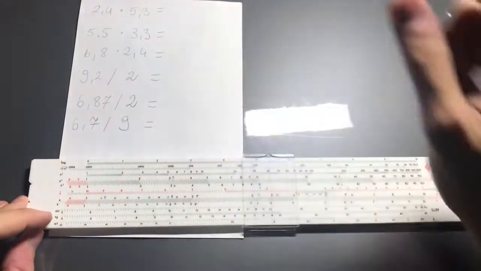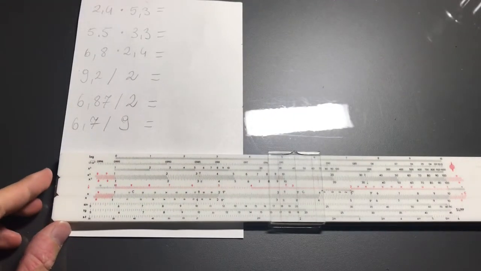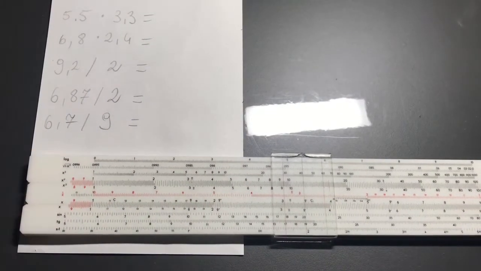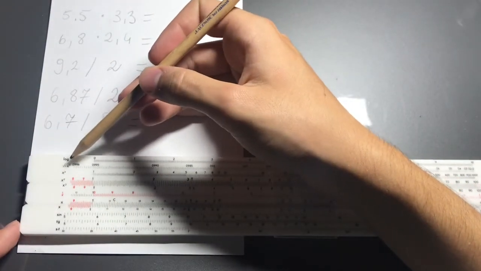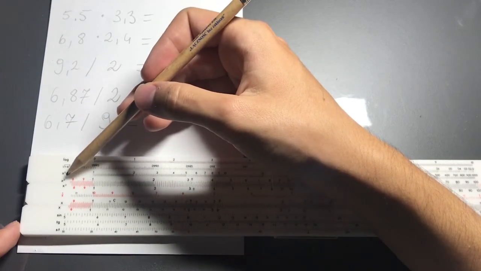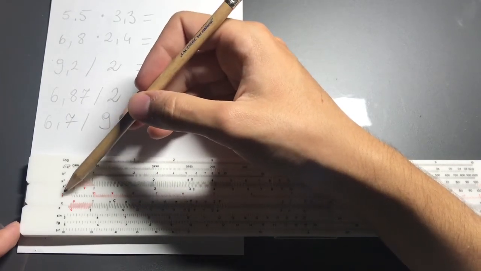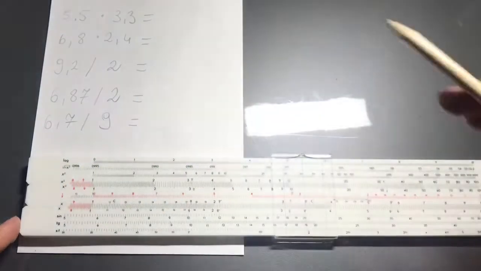First of all, let's explain a bit how a slide rule works. I hope that you can see that we have different scales here on the right. It starts with a logarithm scale, cube scale, square scale, inverted scale, normal scale, sine and tangent scale.